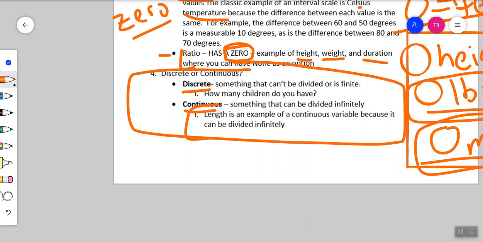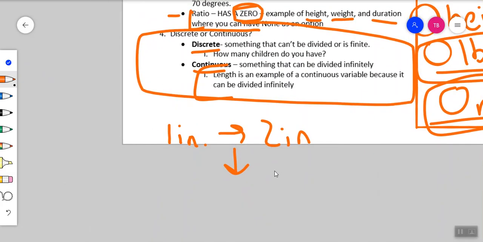I like to use length as an example here, because length itself could be forever divided. For instance, if you're talking about inches, 1 inch versus 2 inches, you could also divide this up further in between, and it would make sense to say 1.5 inches. That is still something that makes sense.